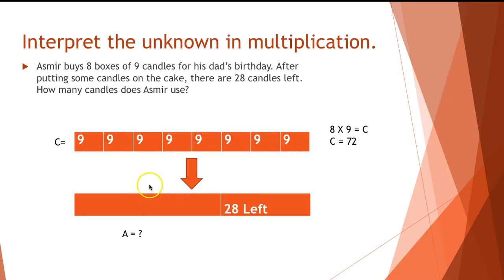So let's see. How many candles does Asmir use? If we do 72 minus 28, we can figure out that unknown number. So go ahead and try first 72 minus 28 to find how many candles Asmir used.